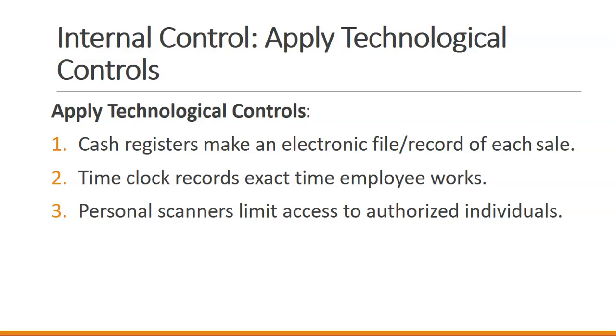So if we have ID cards that limit our access to various things, for example, I have to use my ID card to use the copier in our office. So it records that I am using the copier, that I'm authorized to use that copier, and then how much I'm using of the copier's resources.